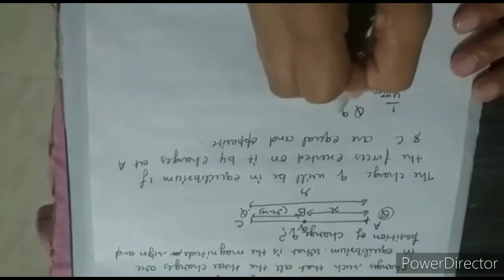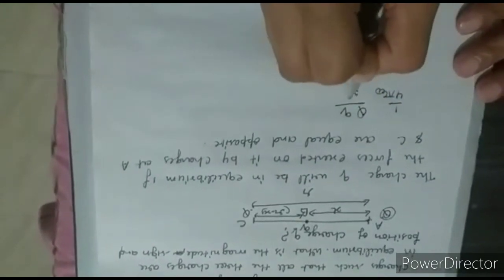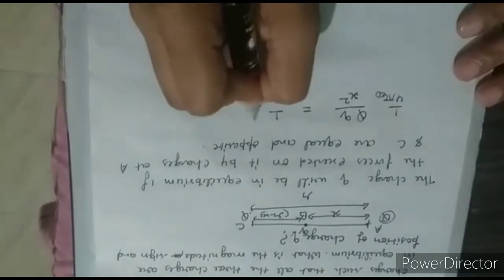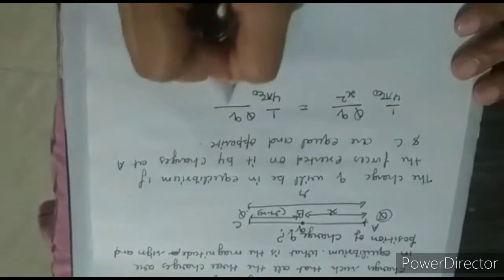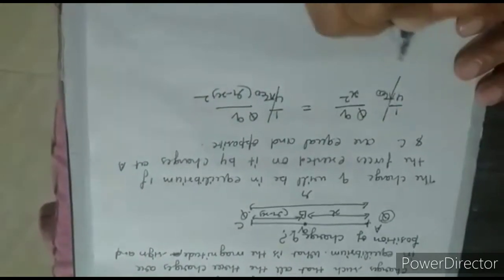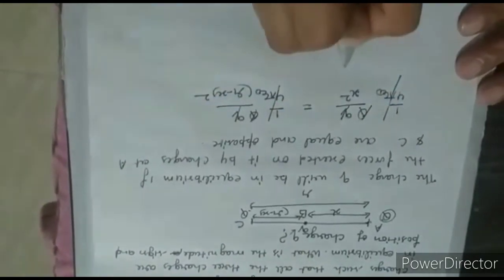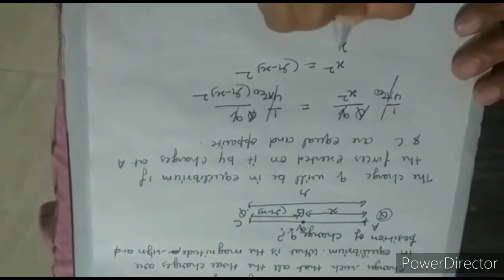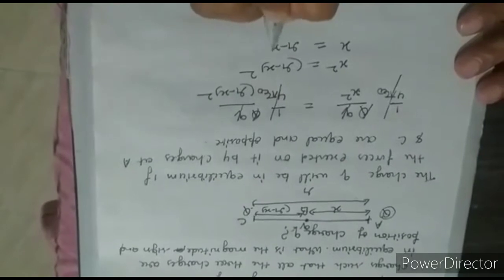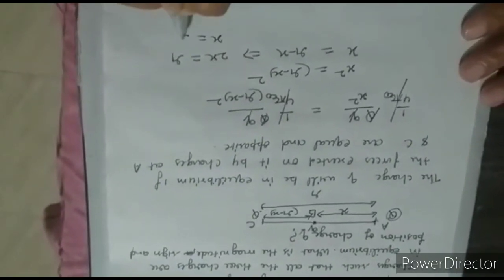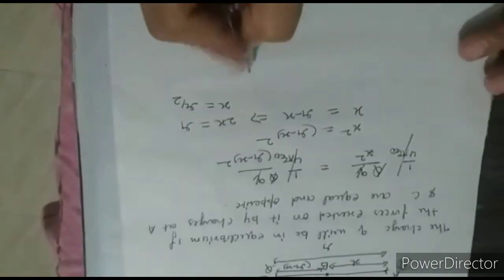So Qq/x² = 1/(4πε₀) Qq/(r − x)². These cancel out, and then we have x² = (r − x)², so x = r − x, 2x = r, and x = r/2.